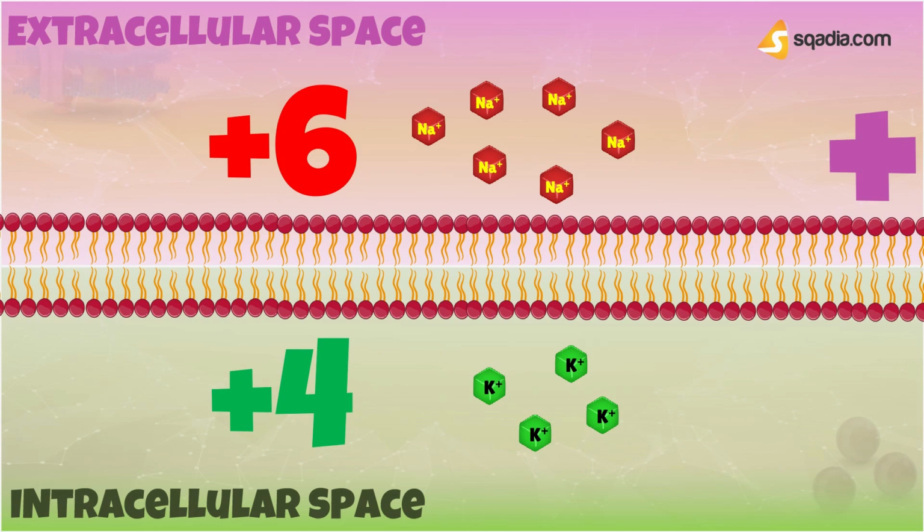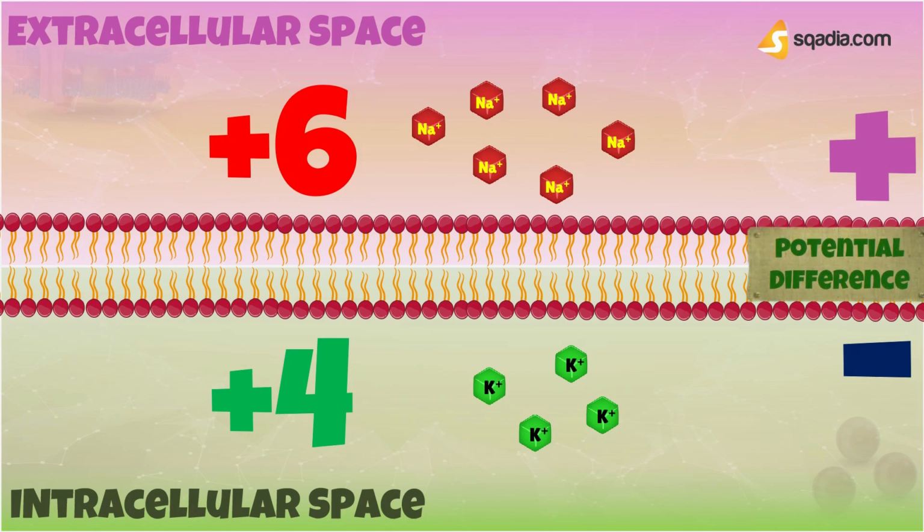That's right, Alex. The outside will be more positive. And the inside of the cell will have plus 4 charge of potassium, so the inside of the cell will be more negative. This difference in concentrations of ions is known as the potential difference across the cell membrane.